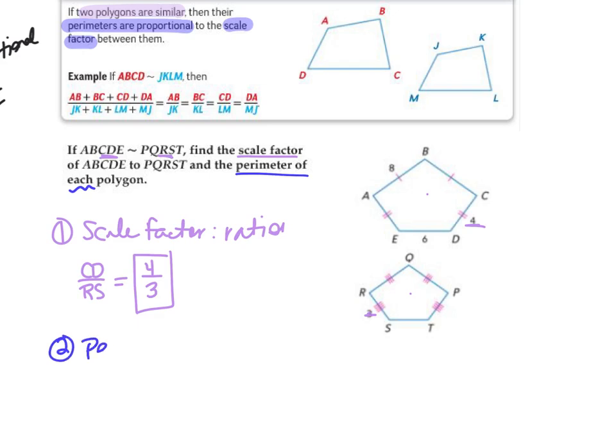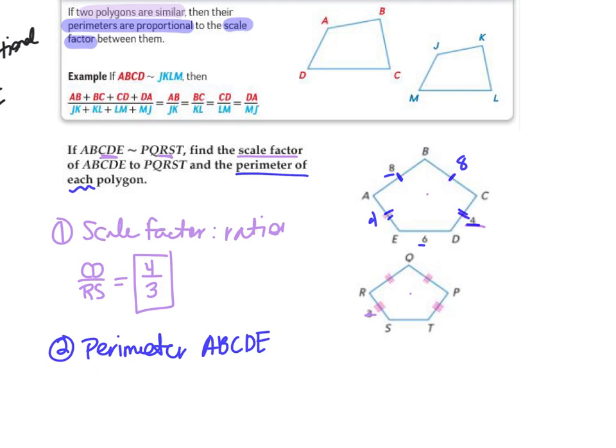So I'm going to find the perimeter of ABCDE first because I have a lot more data to work with, okay? So in order to find my perimeter, I need to know the length of each side. Here I have 2 congruency marks, so these are both 8. And then here we have 2 congruency marks as well, so these are both 4.